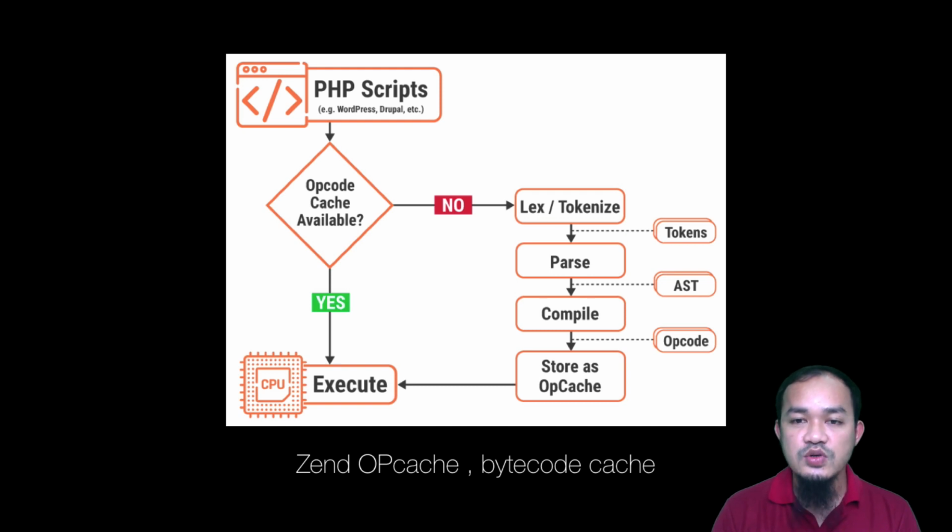It takes time to compile. So if they are compiled already and stored in memory, there is no need to compile again. They can reuse the existing bytecode in the cache, and it improves the performance of the application.